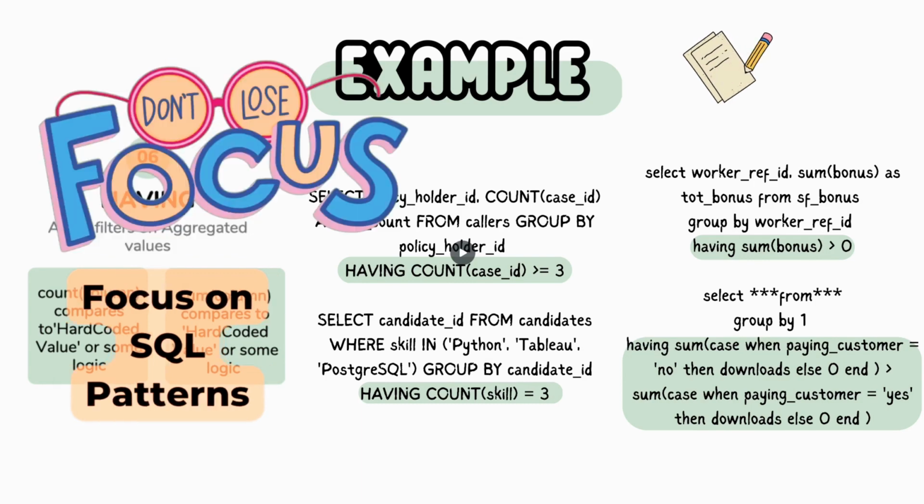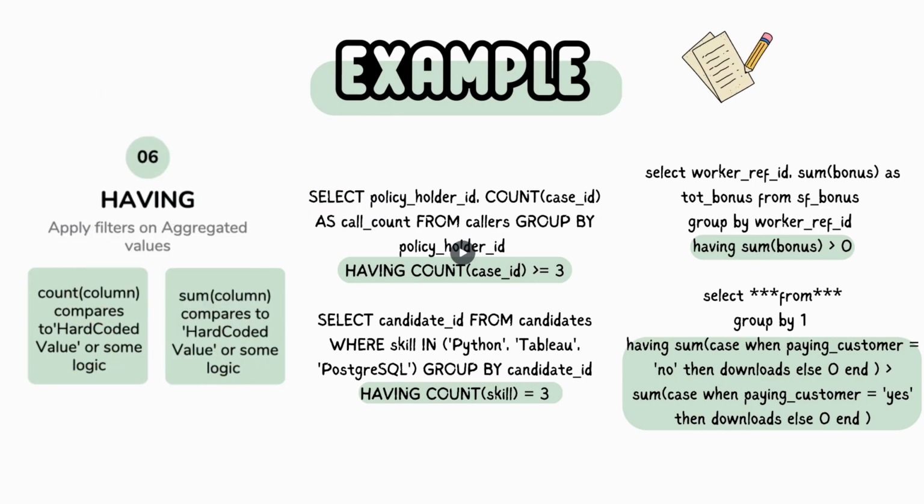Some of the common patterns I have seen in these SQL queries is you apply a count column and then you compare it to some hard-coded value or to some logic. Like in the first example, I'm checking how many policy holders have three or more cases tagged to them.